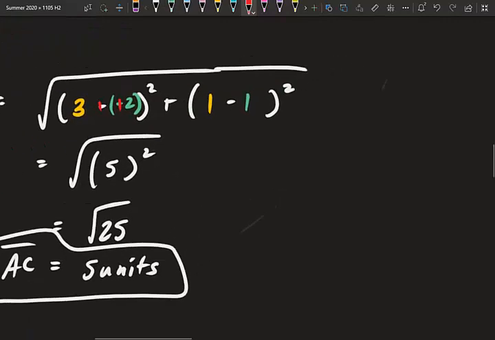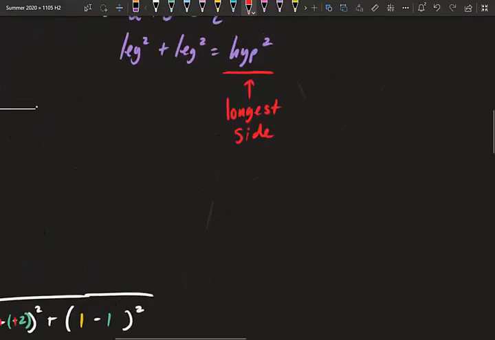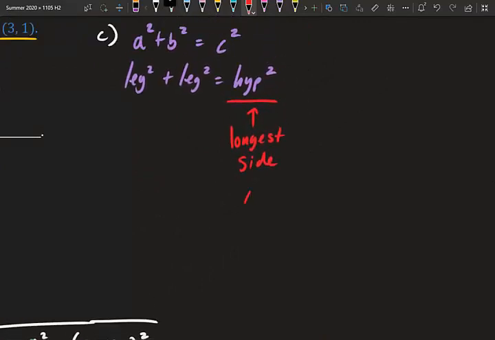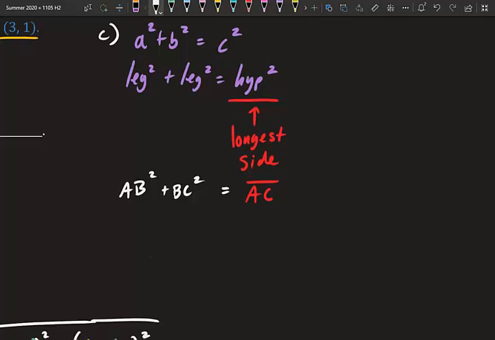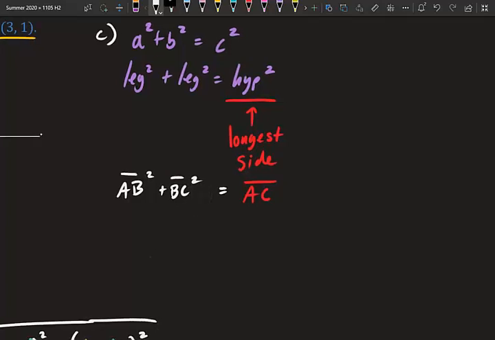So I know the hypotenuse is AC. So by default, the other two are legs. It doesn't matter what they are. So AB and BC.